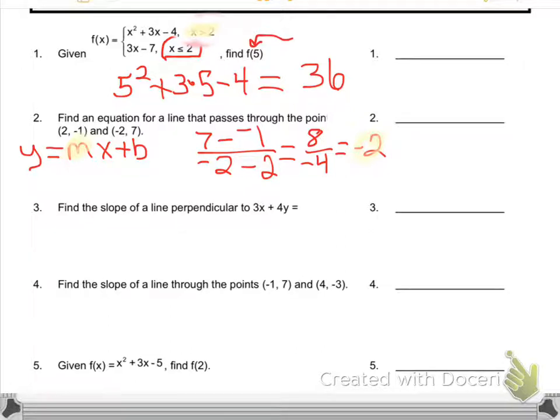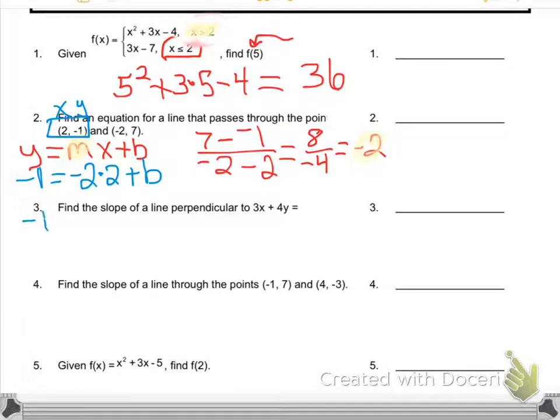I can do that by plugging in my m and one of the x or y values. It doesn't matter which one. I'm going to go ahead and use this one. So if I plug in negative 1 for y, we said m was negative 2, x is 2, plus b.